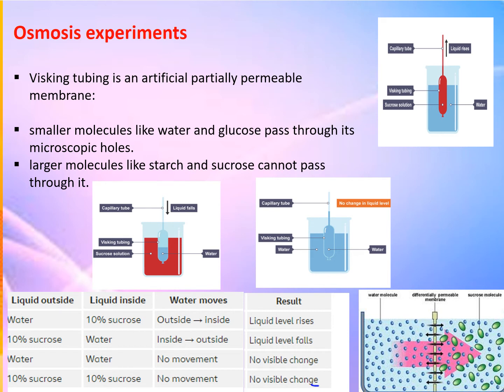Because of that, the visking tube water level falls. Third one, water in both, the third picture: no movement happens and no visible changes. Now the last one, I didn't show you the picture. Just think, I am going to put the same concentration of sucrose in both the visking tube and the outside water. Can you see any movement? No movement and no visible changes.